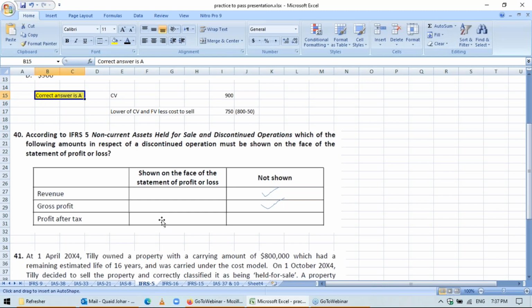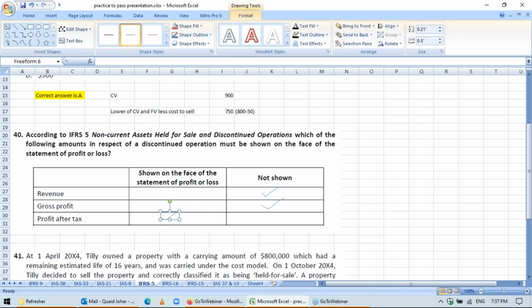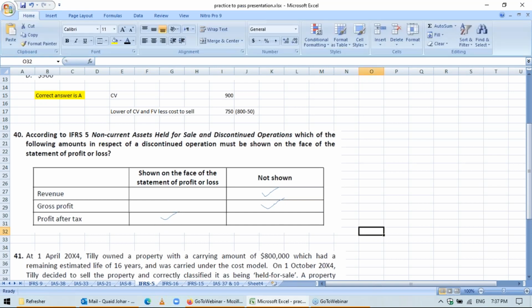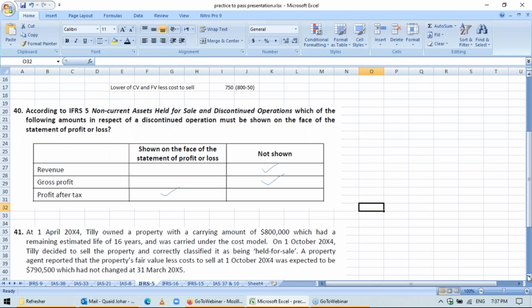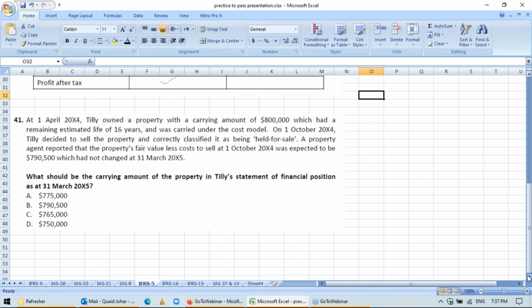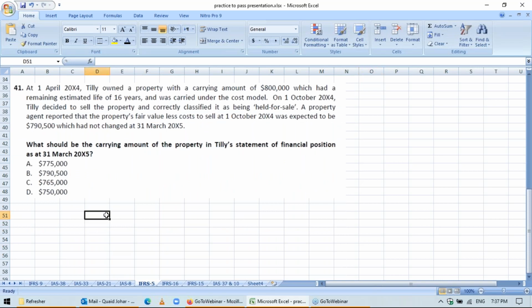But you will show the net profit of the discontinuing operations on the face, right? So this is the correct answer. Let's move on to question number 41 now. This was a disclosure requirement. So about 41, please go through it.